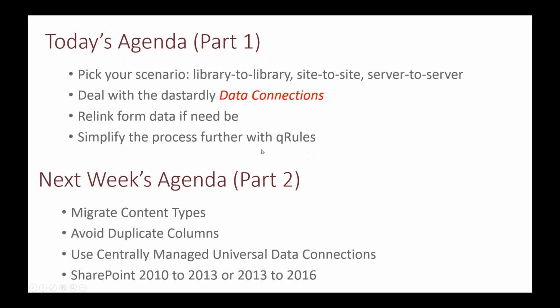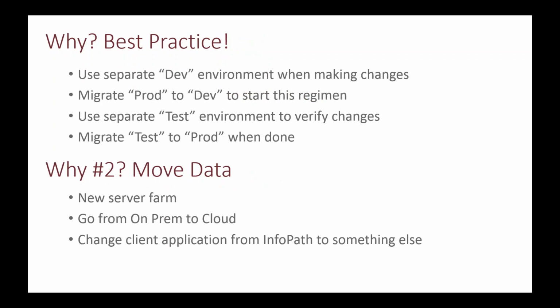So this is important. Now, why is this important? I want to go over the reason here. Number one, it's because it's a best practice. We don't want to do our development on our production environment, right? So you publish to production, you get everything working, you have some change.